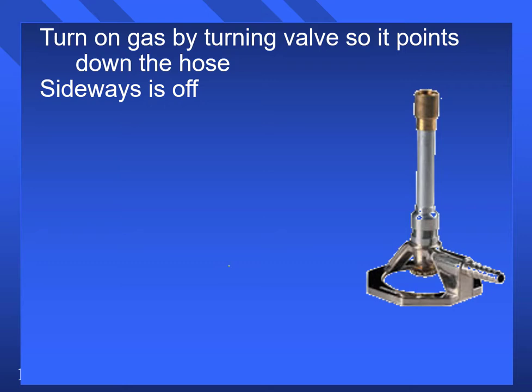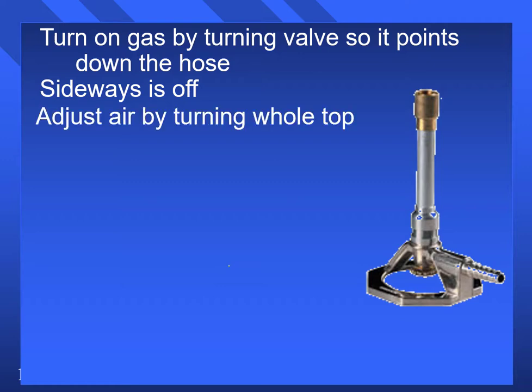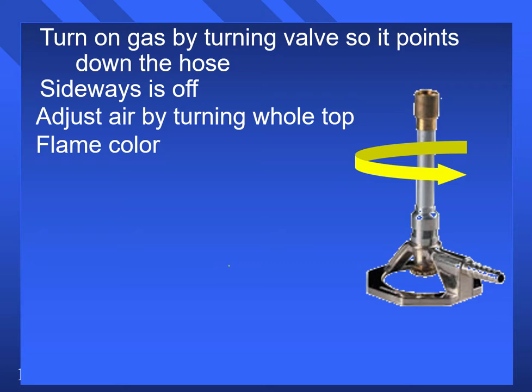Okay, so now we can take notes on all this. We adjusted the air by turning the whole top. The whole top spins. Don't spin it all the way off. What is that going to affect? The air to fuel ratio. What are you going to see because of that? You're going to see different flame colors. It goes from yellow to dark blue to light blue.